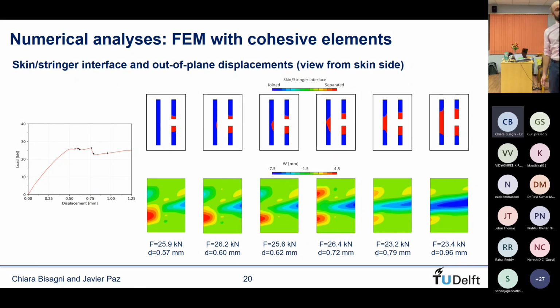At some point, this is the last point where the stringer and the skin are still fully attached. And then at this point, the delamination propagates, and we get what is called the snap. So if we had considered material failure in this model, at this point, with that state of the delamination, the specimen would have already collapsed.